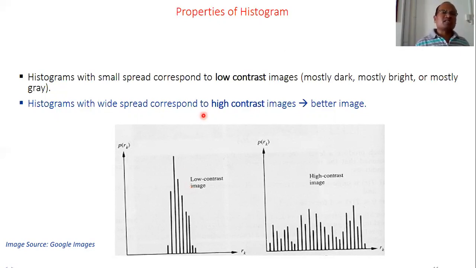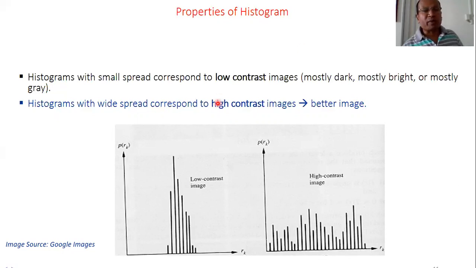So the histogram with a small spread, small window corresponds to a low contrast image, mostly dark or mostly bright. Even if they are bright, even if they are dark. Mostly white means all the values are very high, but they are centered in a narrow window. Or mostly gray.